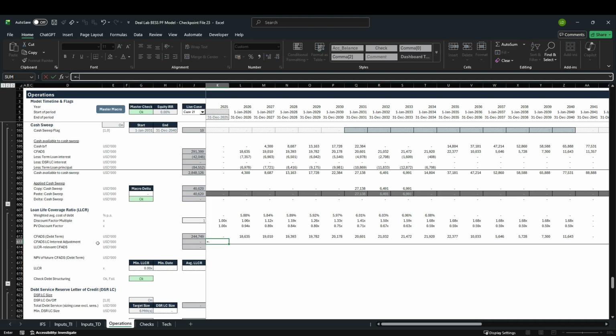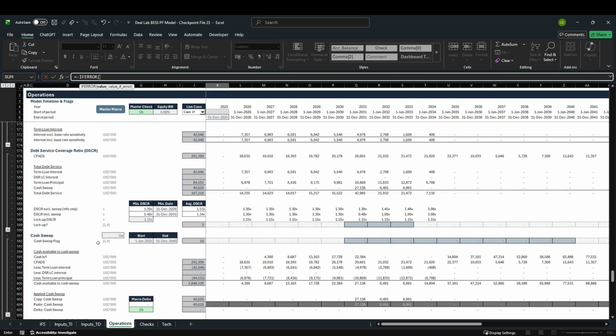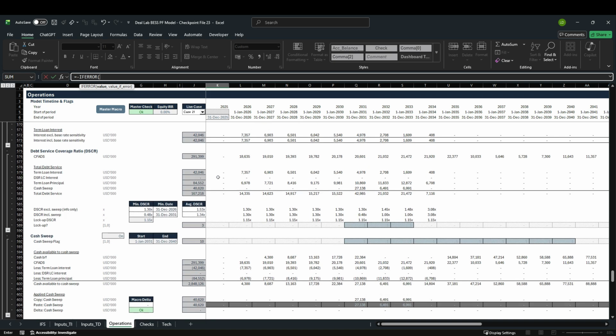And since it's a reduction, we will model this negative, minus if error. And the LC interest we can pull in from row 580, which is currently 0. And then we will multiply this with our DSCR including sweep.